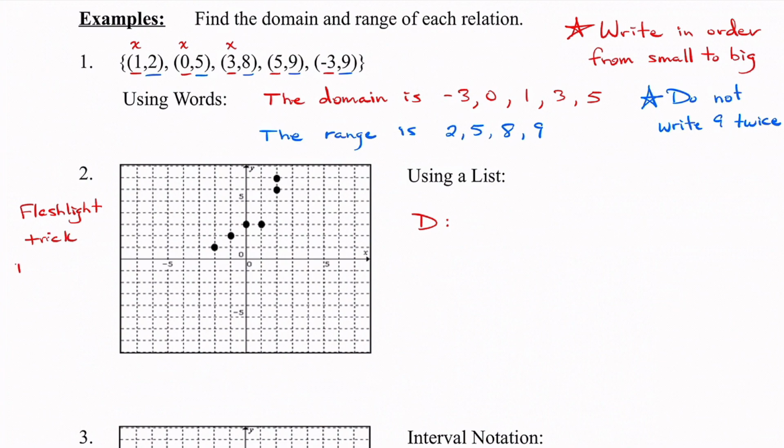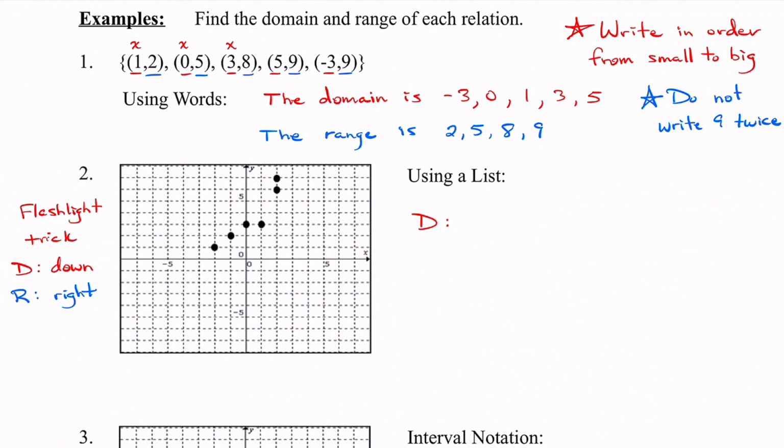And for domain, what you want to do is you want to shine the flashlight down. When you get to the range, what you're going to do is you're going to flash the light from the right. And it makes it easy because range goes with R, right, and then D goes with domain, and that's down.